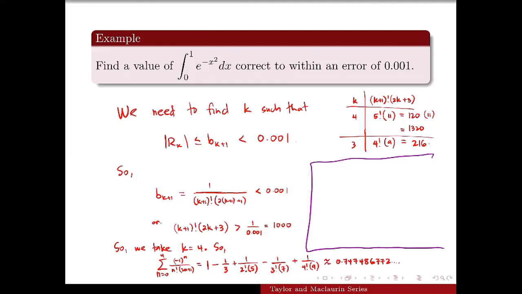Now, let's try to check the value of this integral from 0 to 1 of e to the minus x squared dx. The actual value, without doing the power series representation, so I'll be using a calculator.